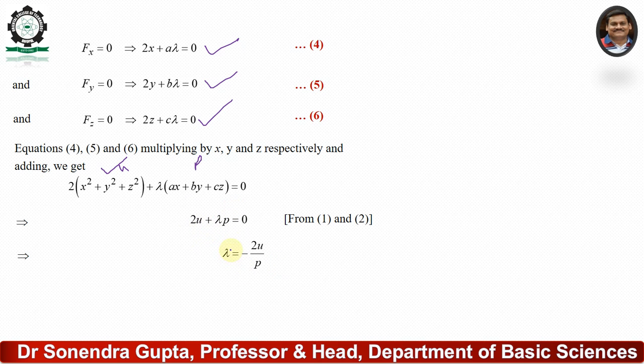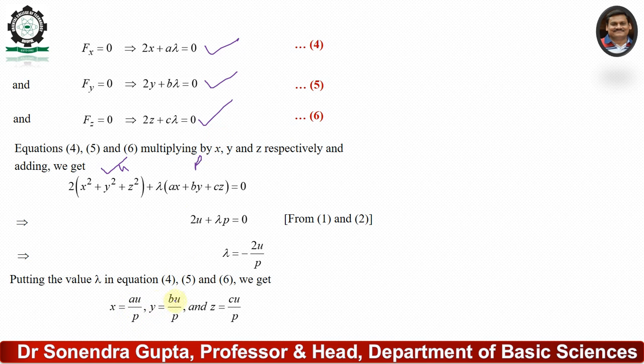Now putting the value of lambda in equations number 4, 5 and 6, we get x equal to au upon p, y equal to bu upon p, and z equal to cu upon p. Now putting these values of x, y, z in equation number 1, that means x square plus y square plus z square, we get u square common, that means a square plus b square plus c square upon p square.